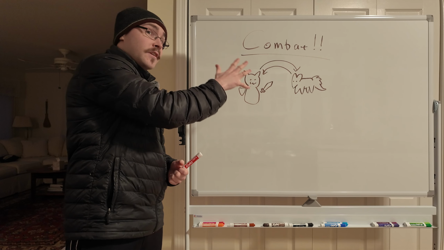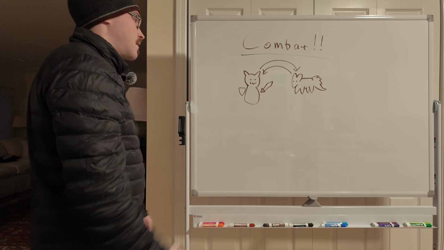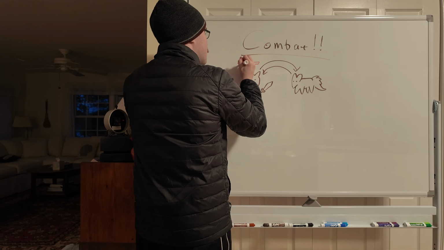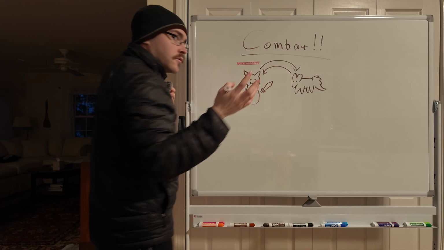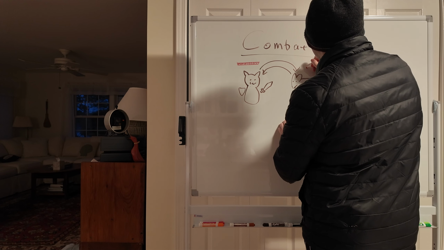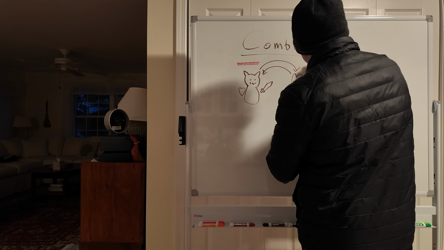The system is generally combat itself, though there are some subsystems I want to talk about. So let's say each of these characters has a health bar. That goes into the previous mechanic that we talked about. You got your current health, minimum threshold, maximum threshold.